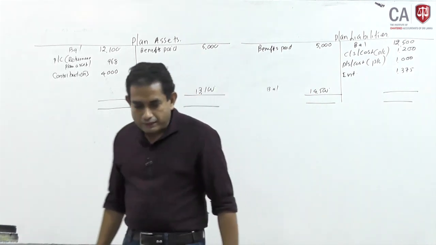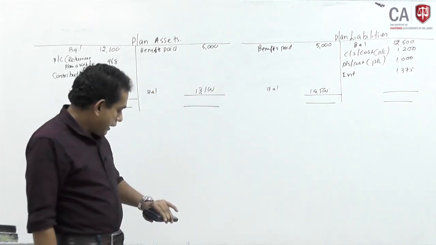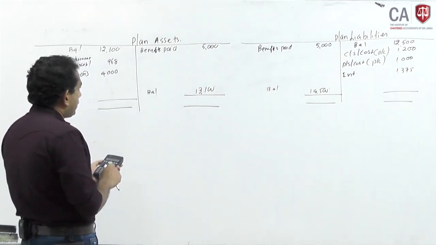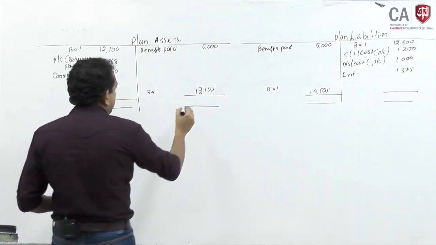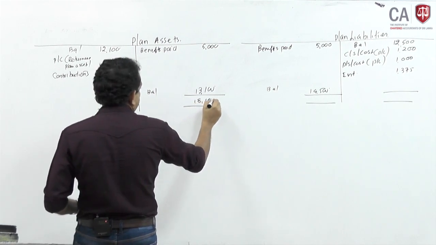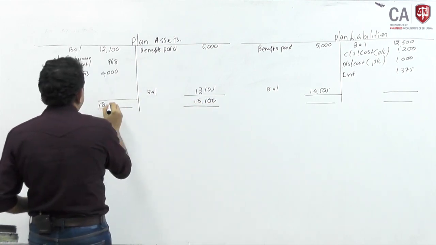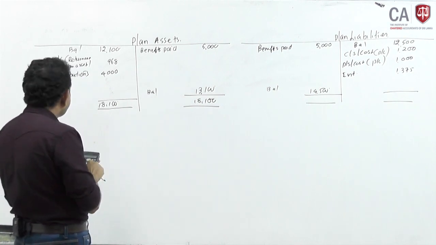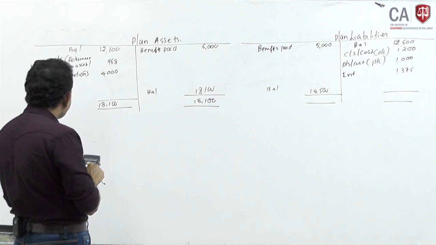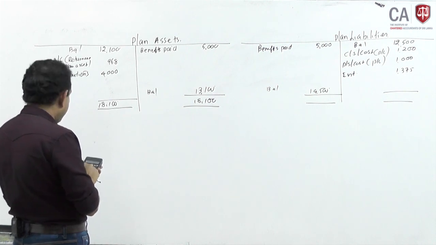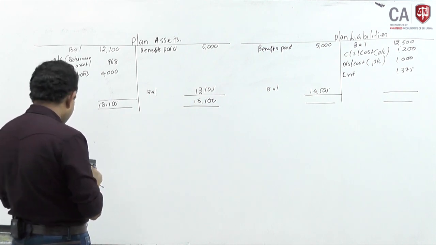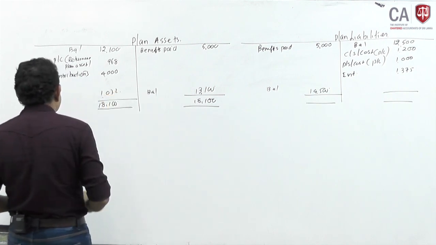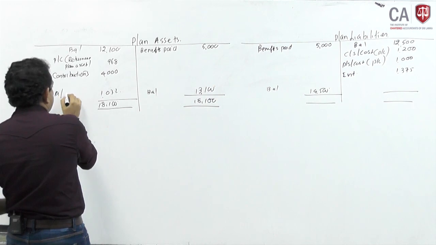Now, any missing figures in the two accounts should be actuarial gains or losses, and we will work out that. Plan assets will take the credit total 18,100. 18,100 minus 12,100 minus 968 minus 4,000, that should be 1,032, actuarial gain.